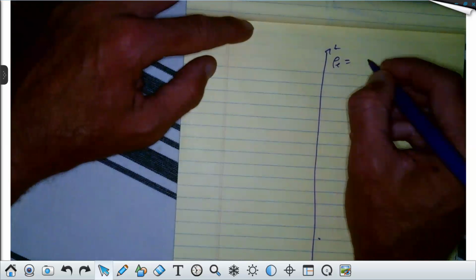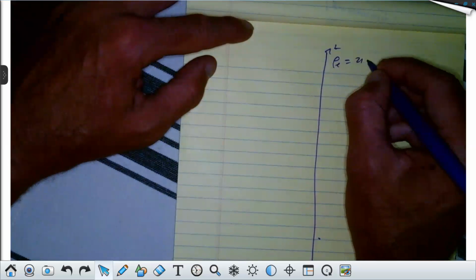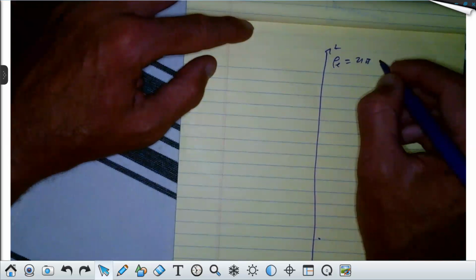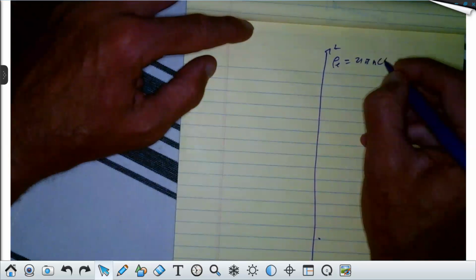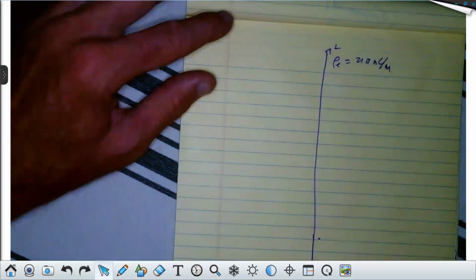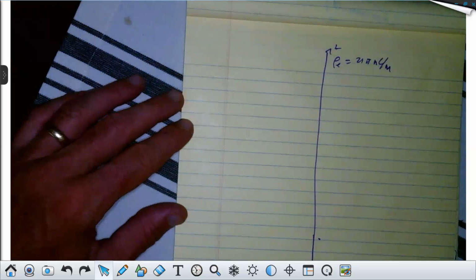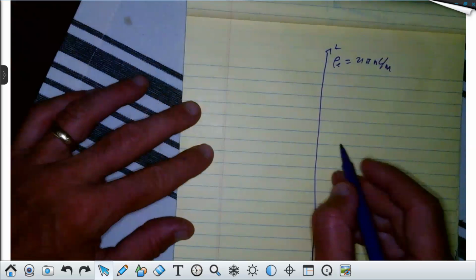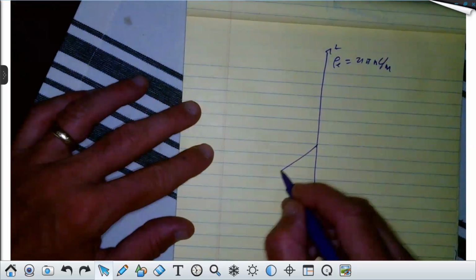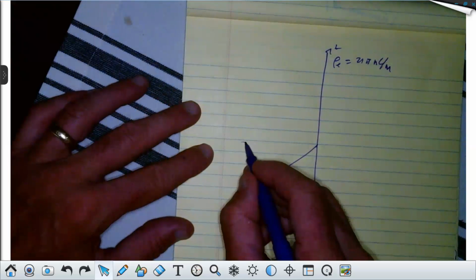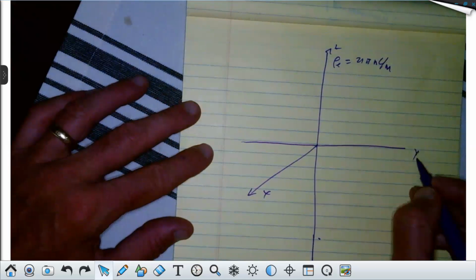And here I have rho L equal to 21 pi nanocoulombs per meter on the z-axis. Do you agree with me? Then I'm going to have to draw some other coordinates. I'll call x out of the board, or out of the page, and I'll call this y.